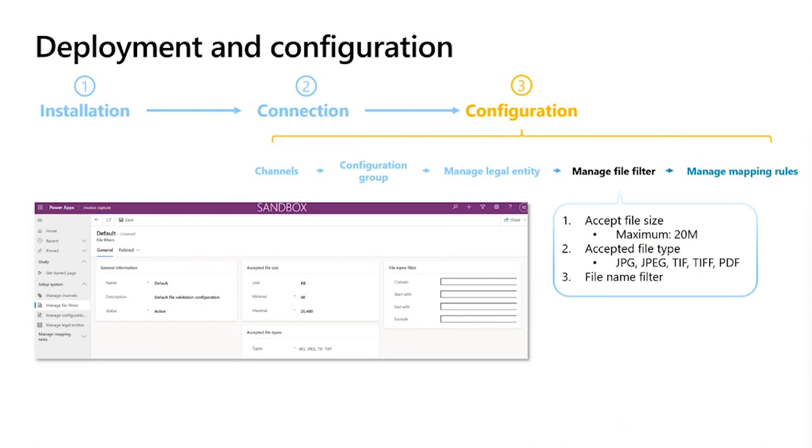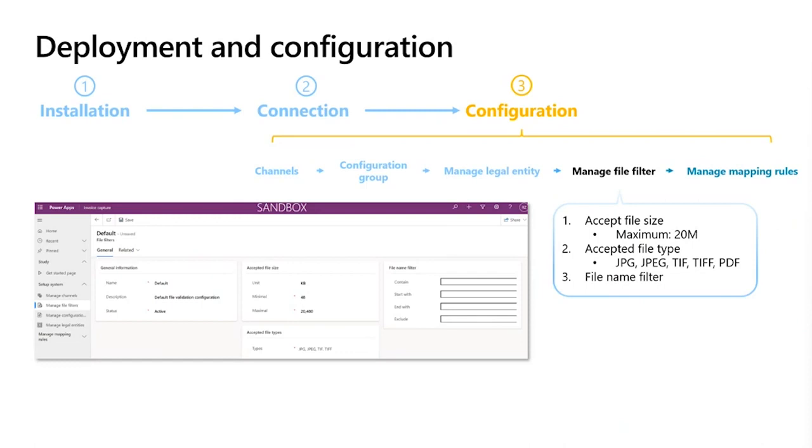JPEG, TIFF, and PDF are all accessible. And also file name filters, so that the solution knows what files to pick up, whether it contains a specific text string, starts with, ends with, or if there's a specific text string that you know you want to exclude in terms of files to be imported as an invoice.